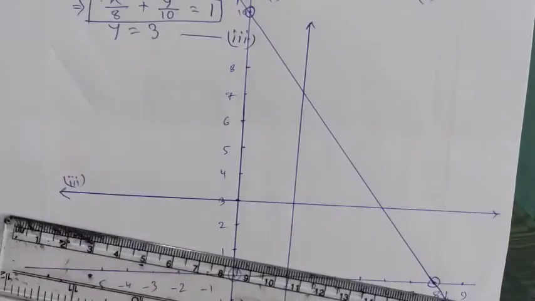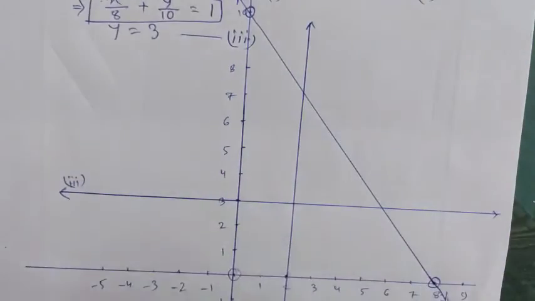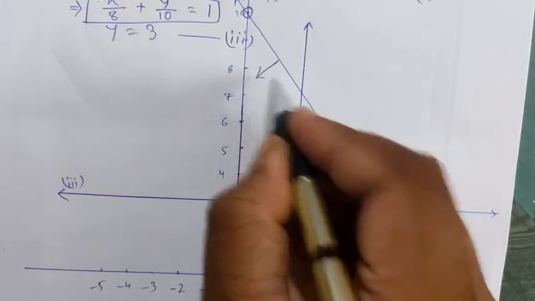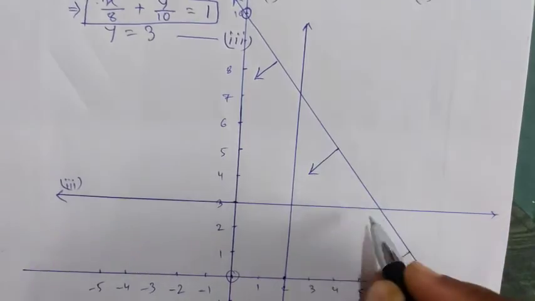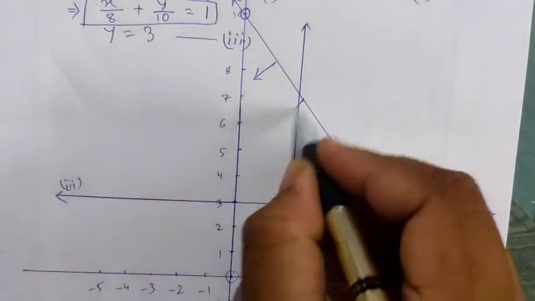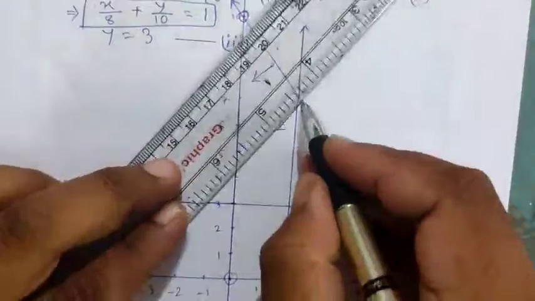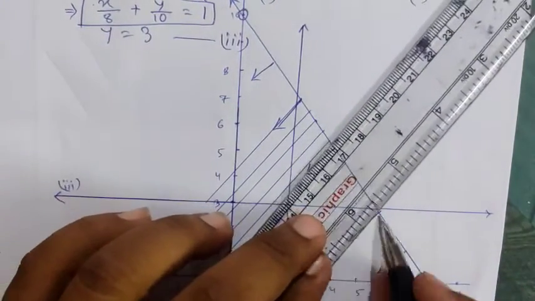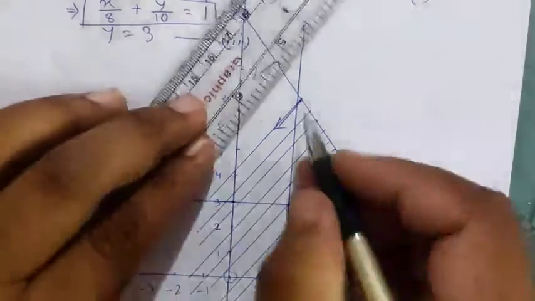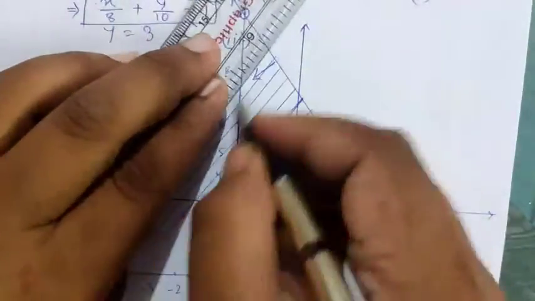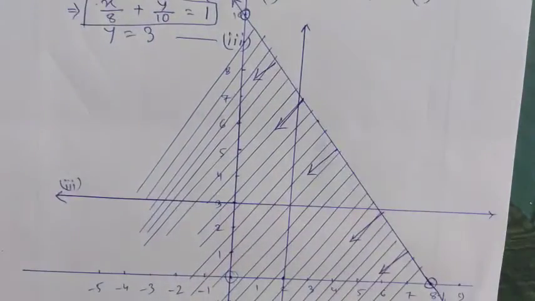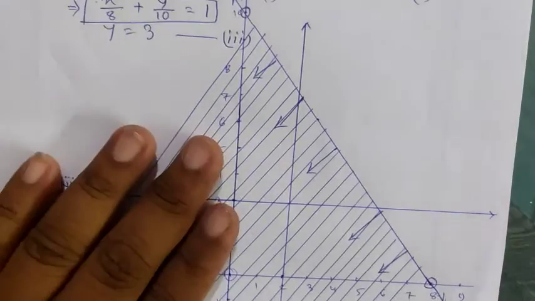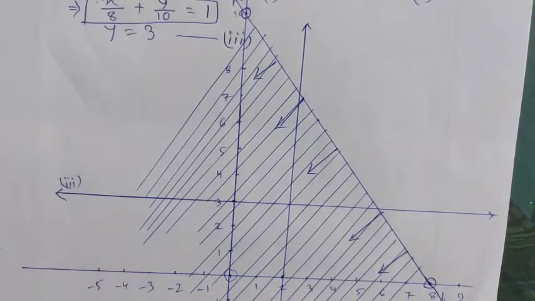That means the solution set for the first straight line will contain (0, 0), so the shade should be towards (0, 0). All the points in the lower half plane will be in the solution set for the first one.